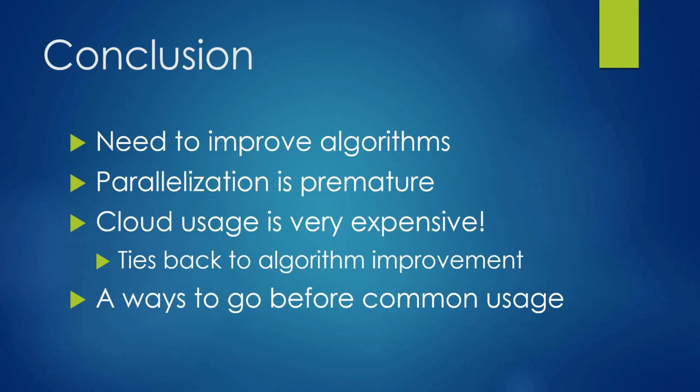And that brings to mind another thing. Cloud usage is really expensive, especially if we're trying to do FHE, fully homomorphic encryption. And it's expensive because the algorithms themselves are not very efficient in terms of time complexity.